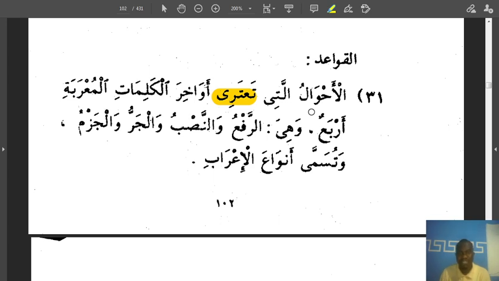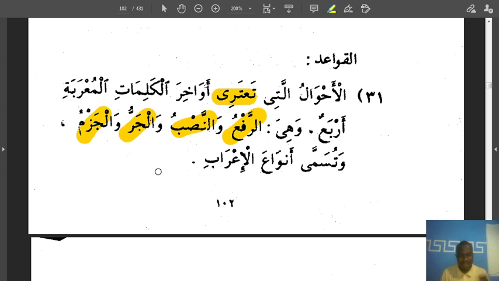So here you can just say الحركات التي, the vowels that occupy the endings of words that change are 4. The vowels are 4. وهي, these vowels are الرفع والنصب والجر والجزم.